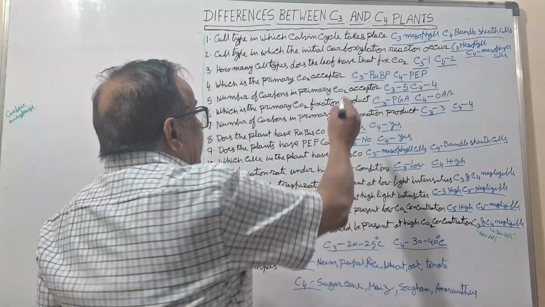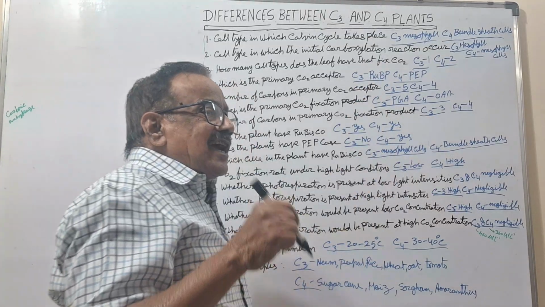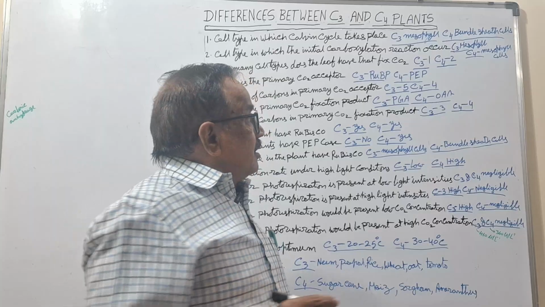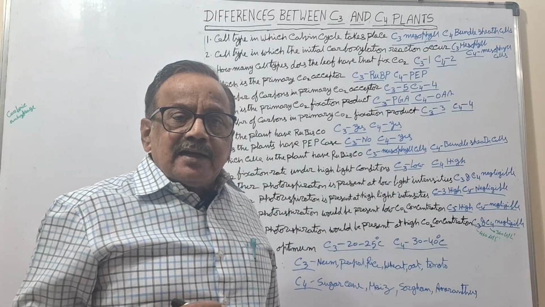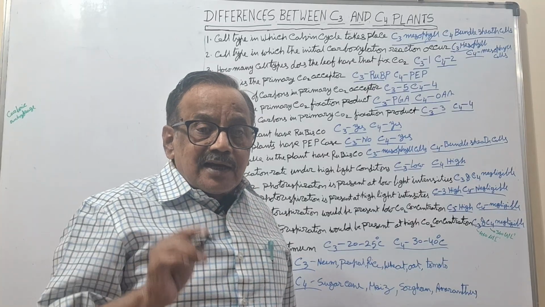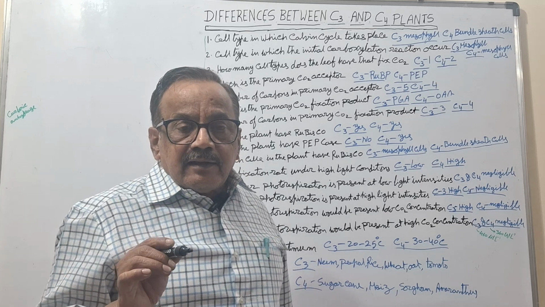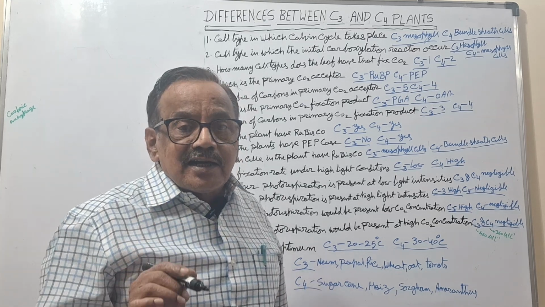RuBP takes carbon dioxide in the gas state, but PEP takes the carbon dioxide from bicarbonate, which he has given clearly in the diagram, that is HCO3, the bicarbonate in liquid condition.